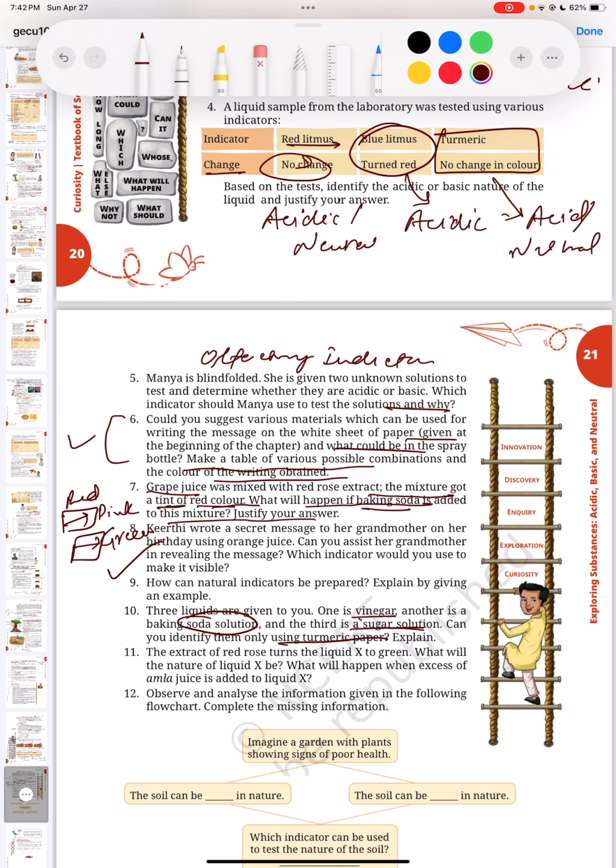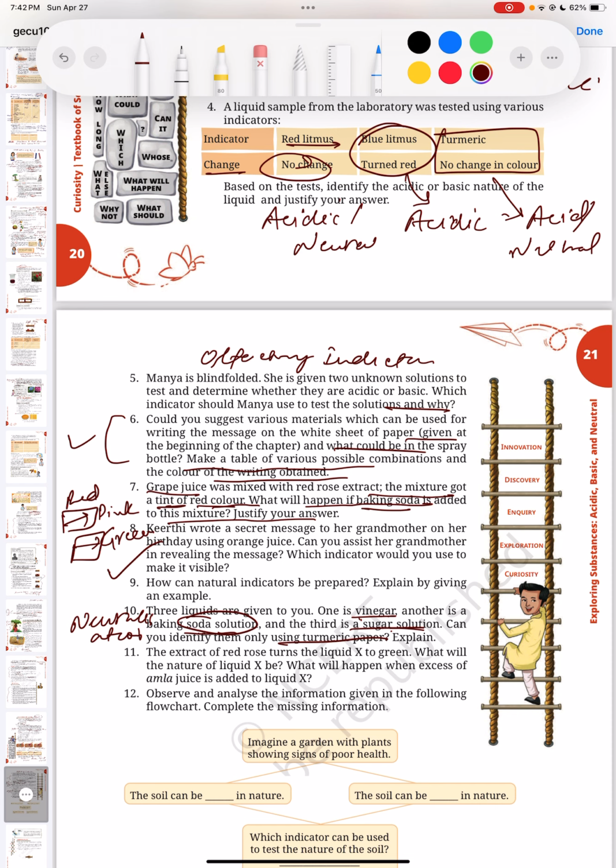Now here is where you can make use of neutralization reactions. Remember that neutralization reactions only work between acid and base. Let's say you start with a baking soda solution with turmeric in it. If you put sugar solution into it, even if you keep adding as much as you want, do you think the color of this solution will change? No, it will always remain red.